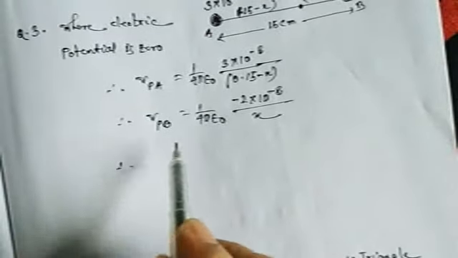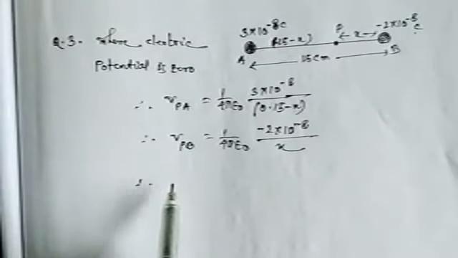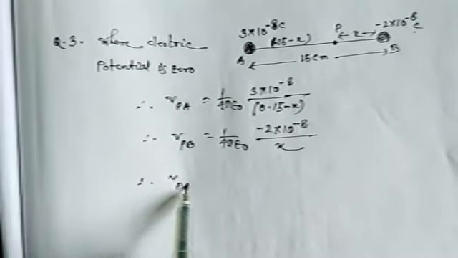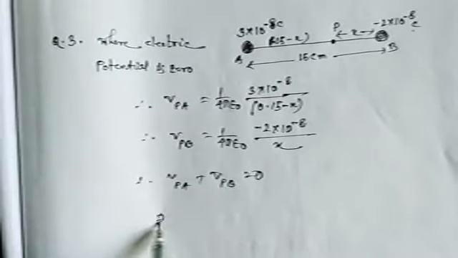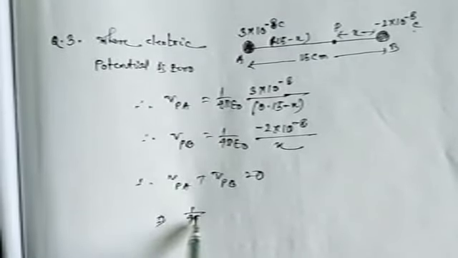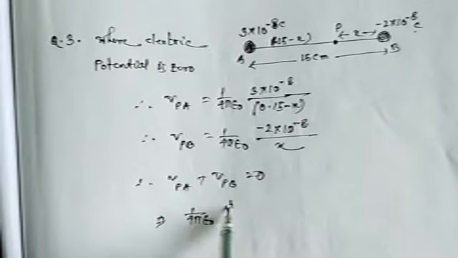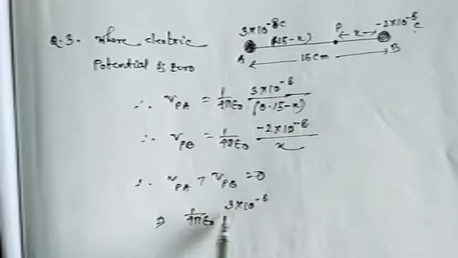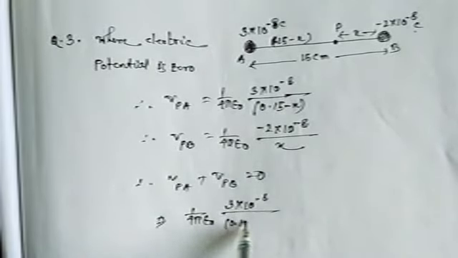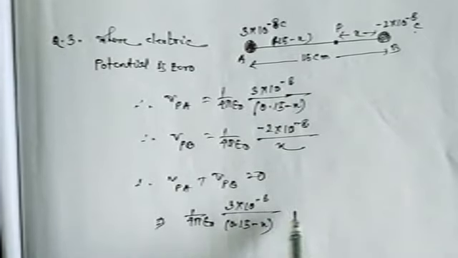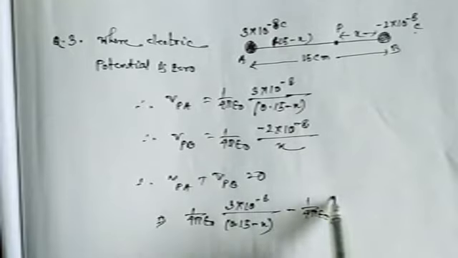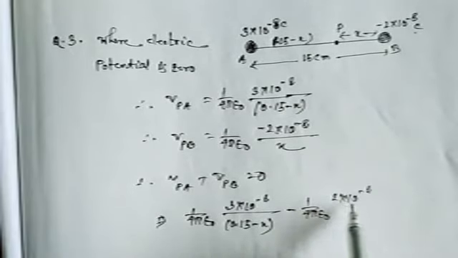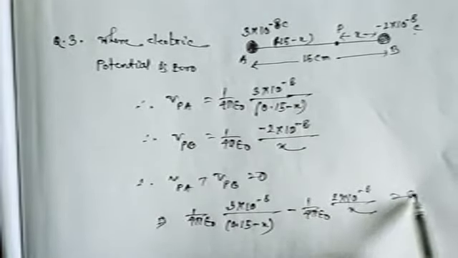Now, according to this question, VPA plus VPB should be equal to 0, and it changes to 1 by 4 pi epsilon naught 3 into 10 to the power minus 8 by 0.15 minus x, minus 1 by 4 pi epsilon naught 2 into 10 to the power minus 8 by x, equal to 0.